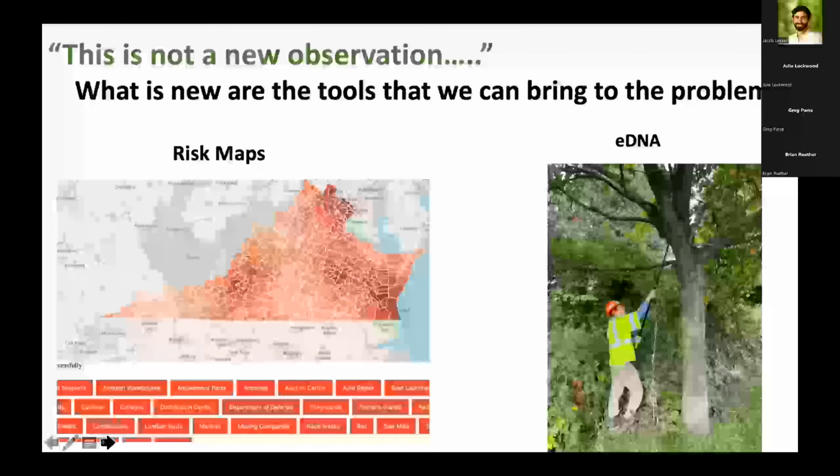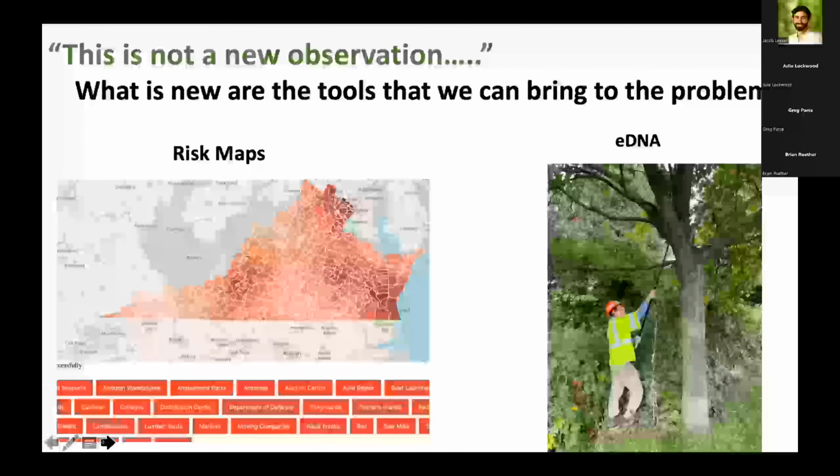On the same end, especially for the folks who've been watching us as we have been thinking about and developing eDNA tools for insect pest management, you have this burgeoning field. eDNA within insect pest management is rather new, but of course in aquatic invasive species, it's pretty much standard practice at this point.